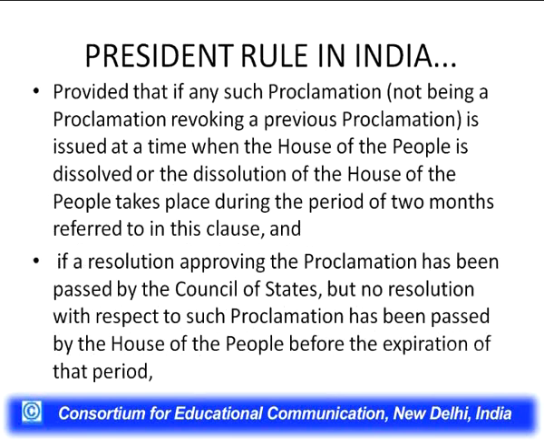So, as far as the imposition of President's rule is concerned, if any such proclamation is issued by the President, then it has to be laid before both Houses of Parliament, and it is required to be approved by both Houses of Parliament within the period of 2 months.